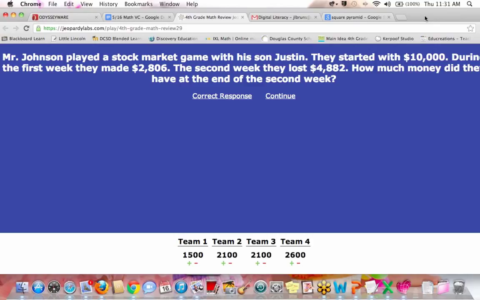So it's an addition problem and then subtraction. So it's $10,000 plus 2,806 and minus 4,882.